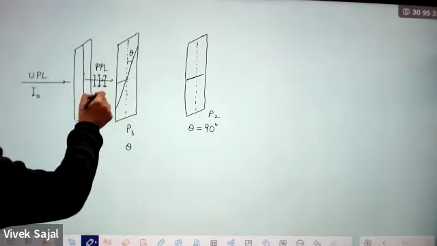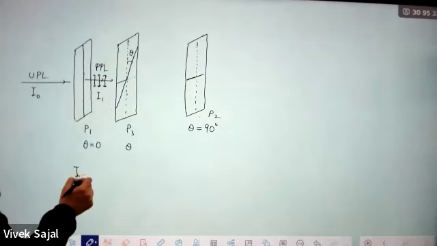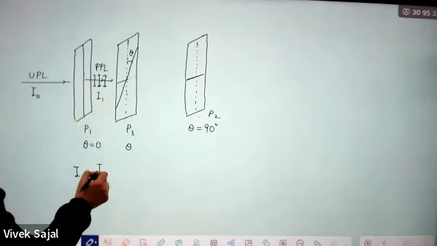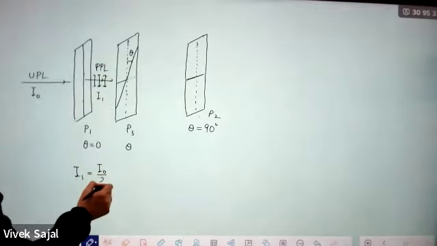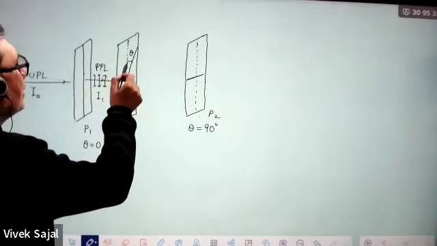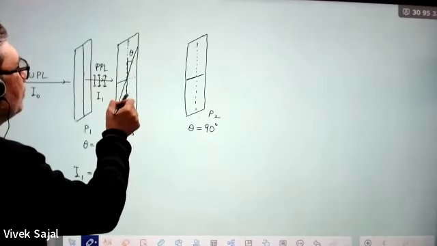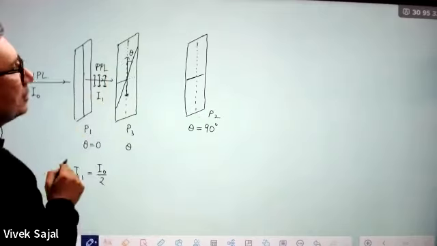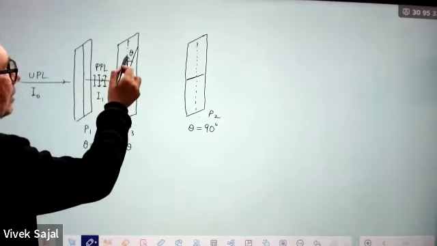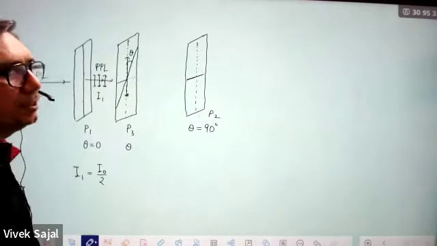I'm saying its intensity is I1. So what will be I1? That will be I naught by 2. Now these electric vectors will be in this direction, and this is the pass axis. So what is the angle between these two?